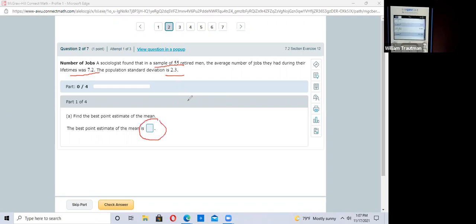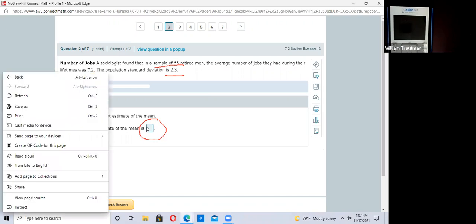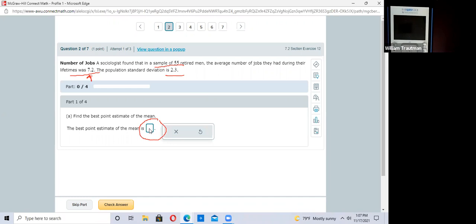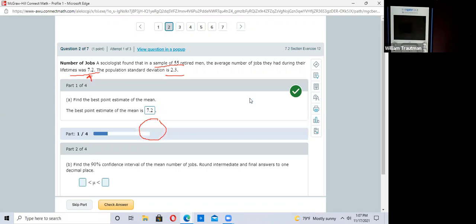I talked about it last time. The best point estimate for the mean is the population mean. I think the answer is just 7.2. So let's type 7.2 into here. And we got the right answer.